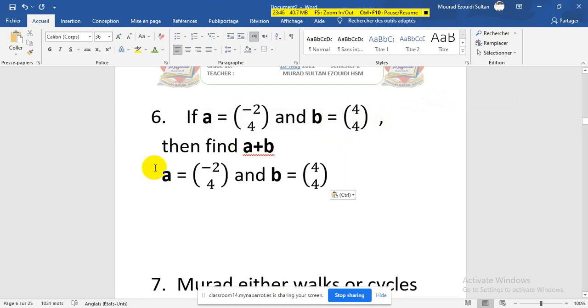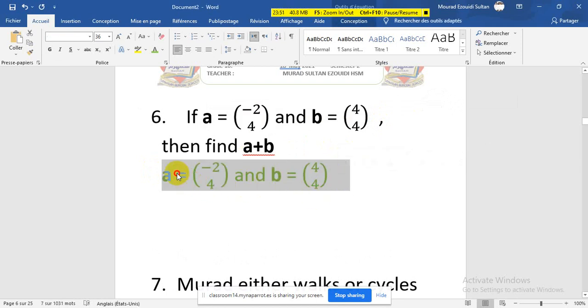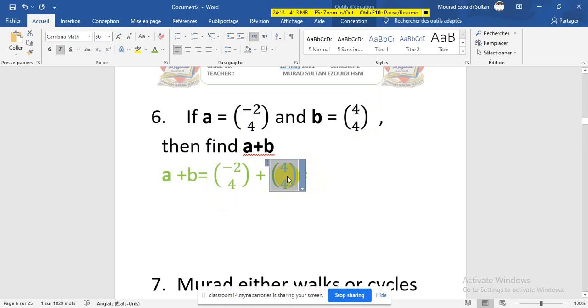I will put color green because I'm answering. So A plus B, my learners, should be equal to, I will make plus here, this is A, this is B. I will add them into one column vector.